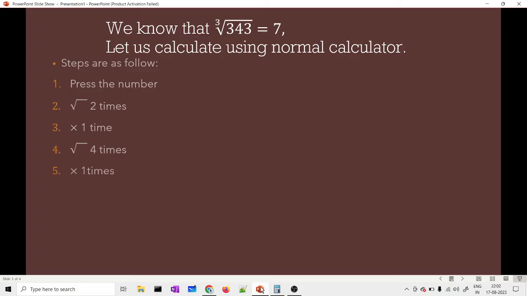Press multiplication again. Then square root sign 8 times. Then again multiplication. And then, last time, square root sign 2 times. And at the end you have to press the equal key. So the steps are: square root 2 times, multiply, square root 4 times, multiply, square root 8 times, multiply, square root 2 times, and equal.